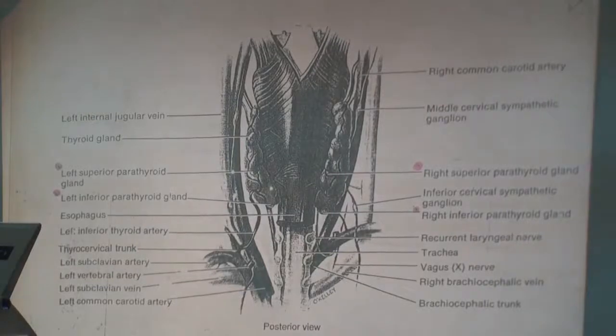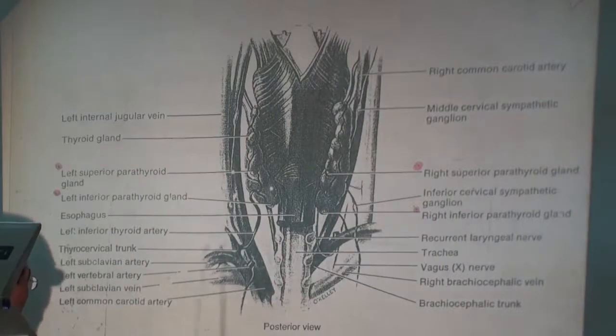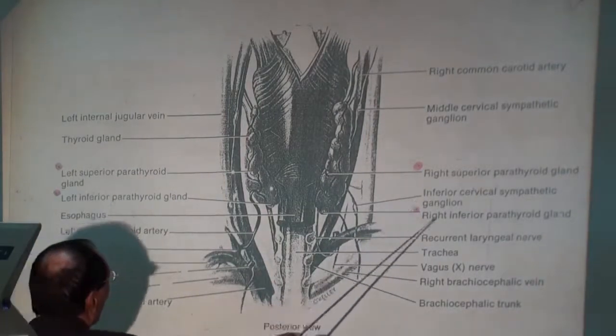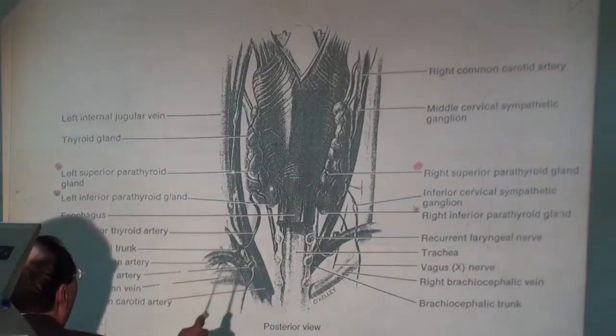Now we'll have an idea about the parathyroids. Parathyroid glands: two left and two right. They are located behind the thyroid.